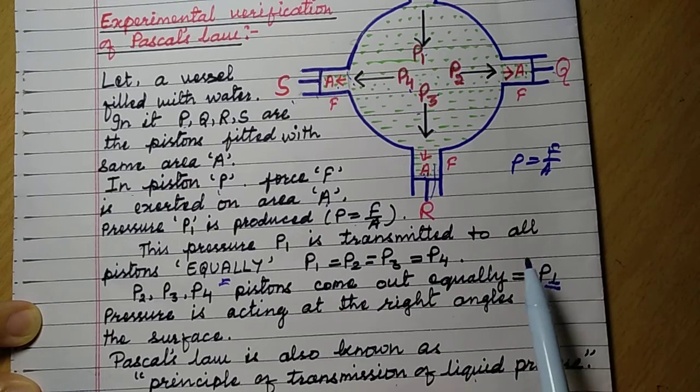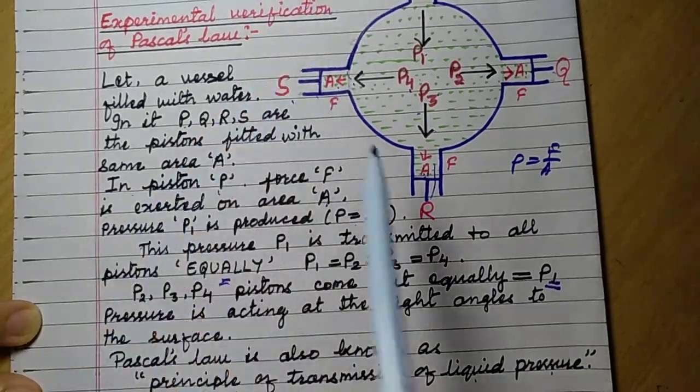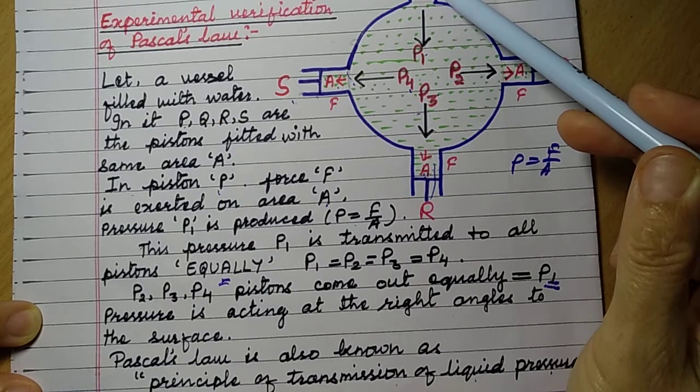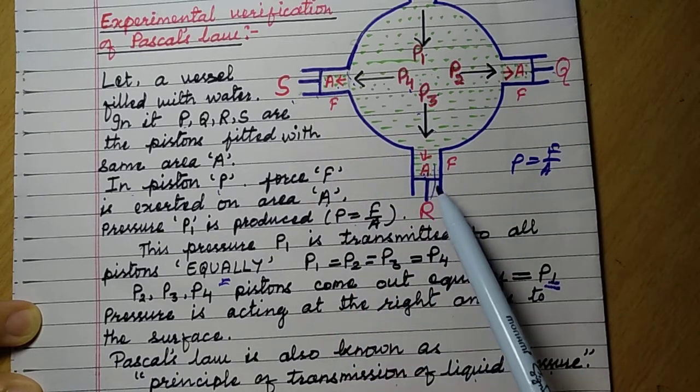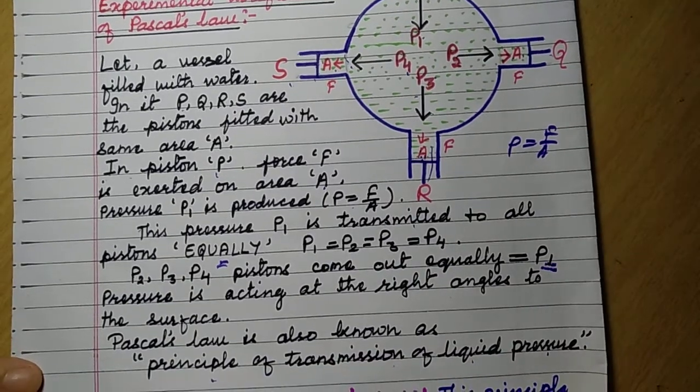Whatever is the length of this piston coming inside, there should be same length of other pistons going outward. So same length means same pressure.